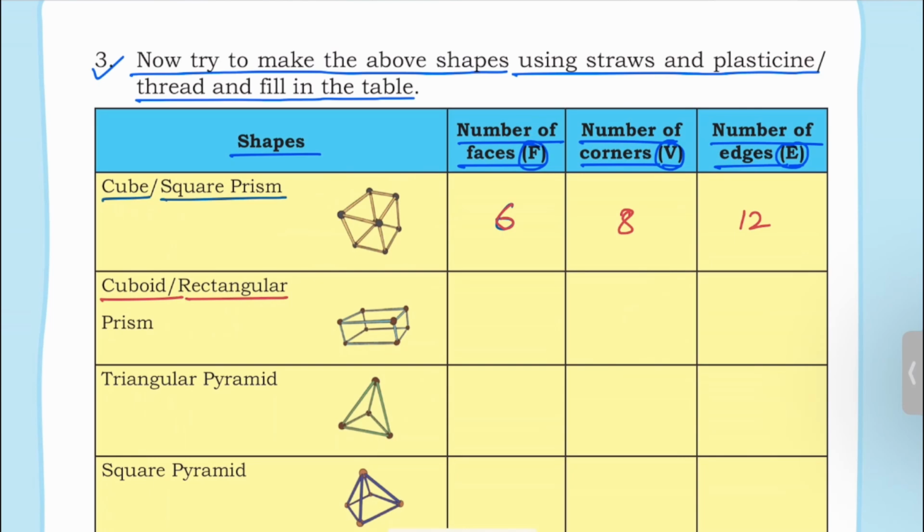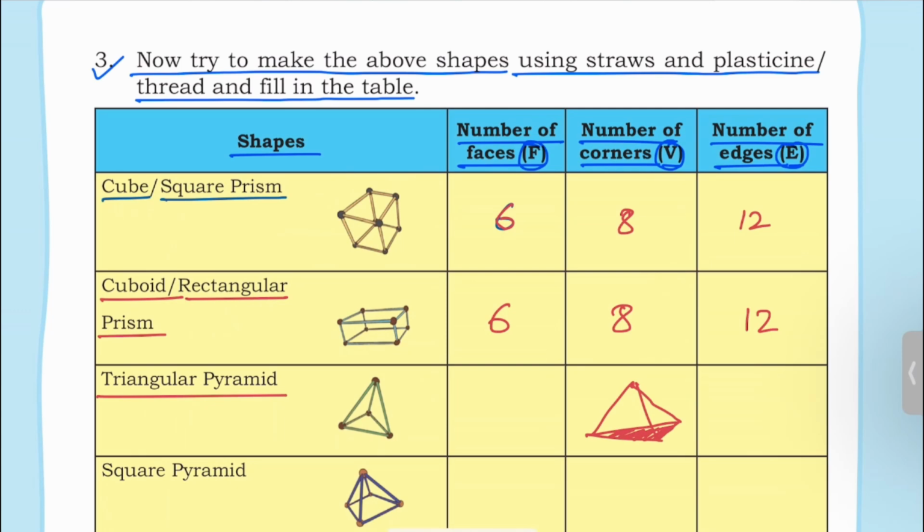Cuboid or rectangular prism. If you count the number of faces, you will get 6 faces. Number of corners or vertices 8. Number of edges 12. Triangular pyramid. Let's see. Number of faces: 1 at the bottom and 3 above it.